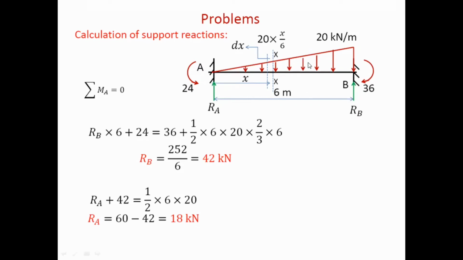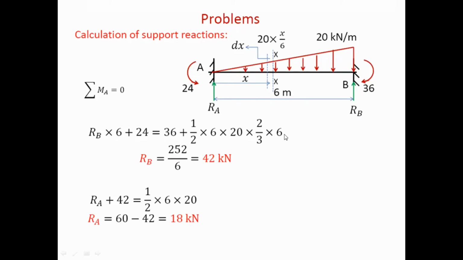Now clockwise moments, which are they? One is the moment due to this varying load, and another moment is 36. So 36 is here, plus how to find the moment because of this varying load? Find out the area of this triangle, half base into height. So half into 6 base, height is 20, into its centroidal distance from support A, which is 2/3 of 6 meter.